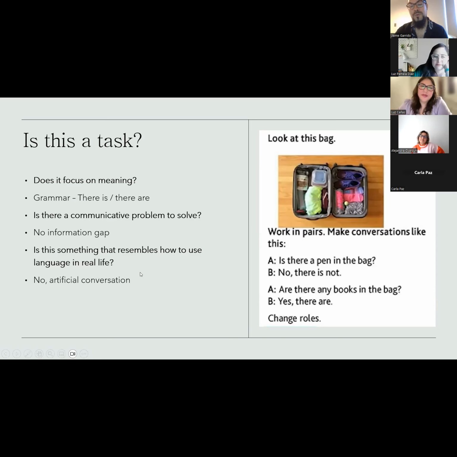Even though we do have this type of conversation when we go away, we don't do it as a list of questions. It means that we don't communicate in real life in this way. I'm sure that most of you have met native English speakers, and they don't go about saying, yes, there is, yes, I do, no, I don't, right? No, we don't communicate like that.